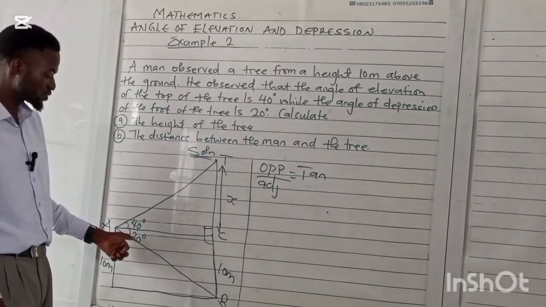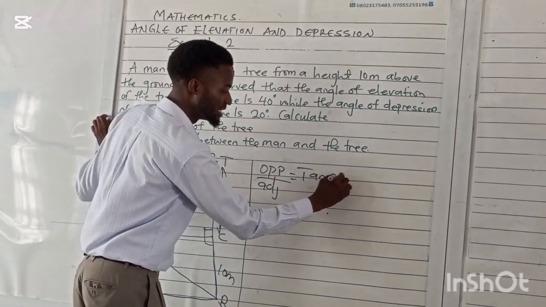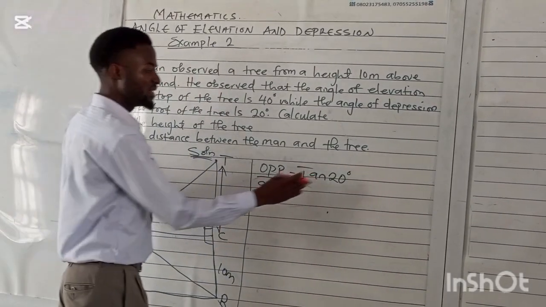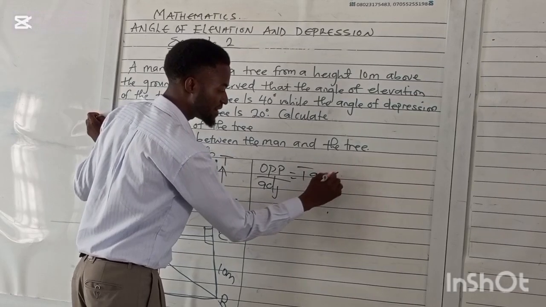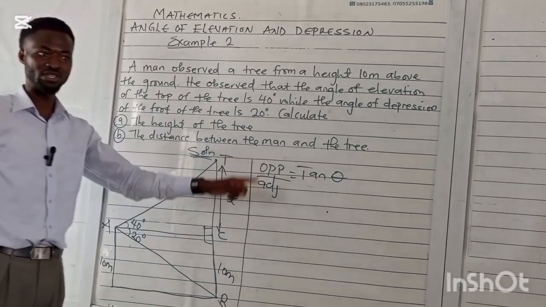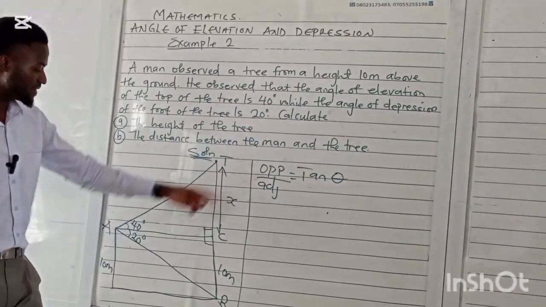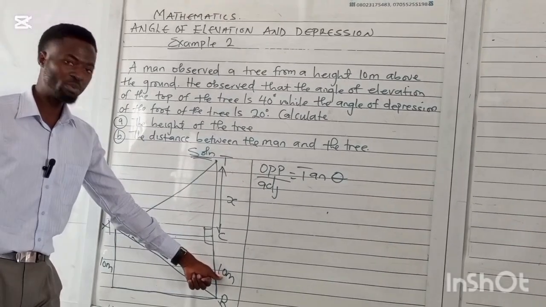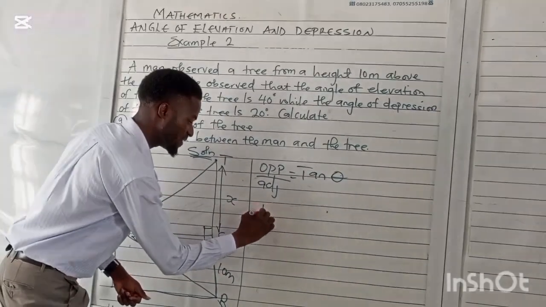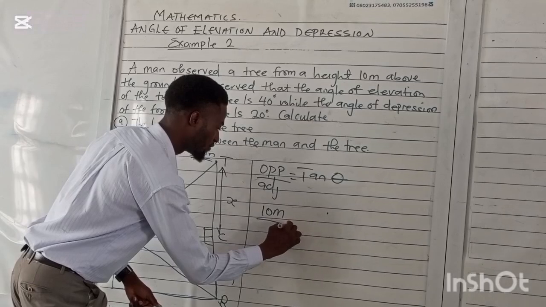So in this case, it is tan 20 degrees. Maybe for now we'll put theta first because we have not substituted the values. Substituting, our opposite is 10 meters, so we now have 10 meters all over.